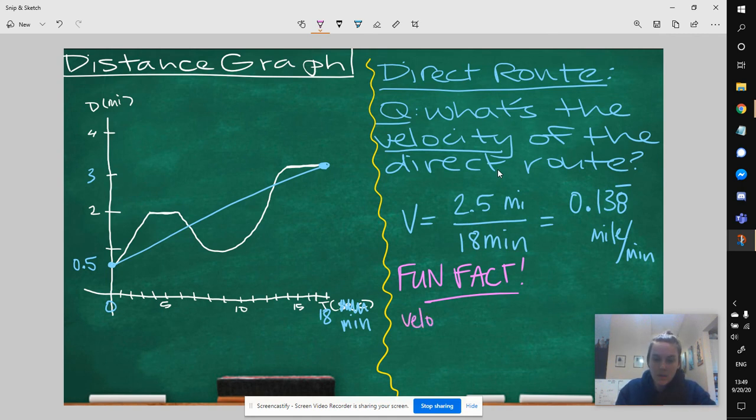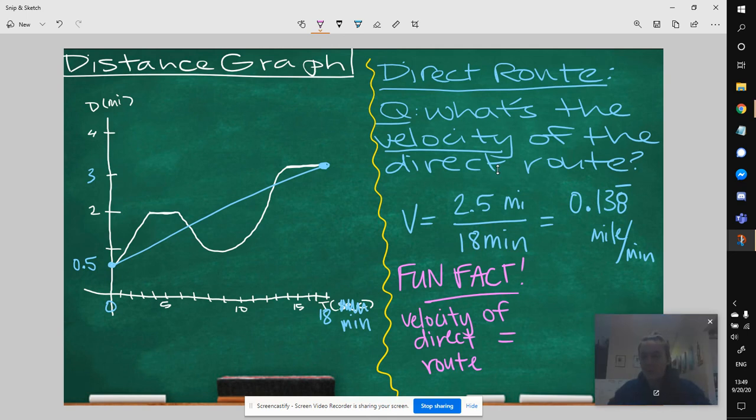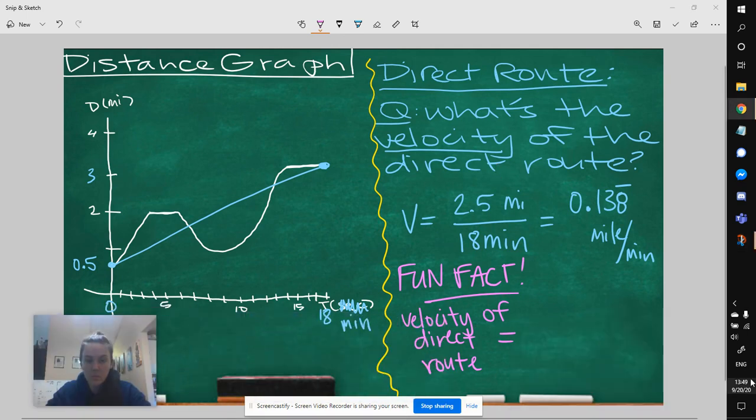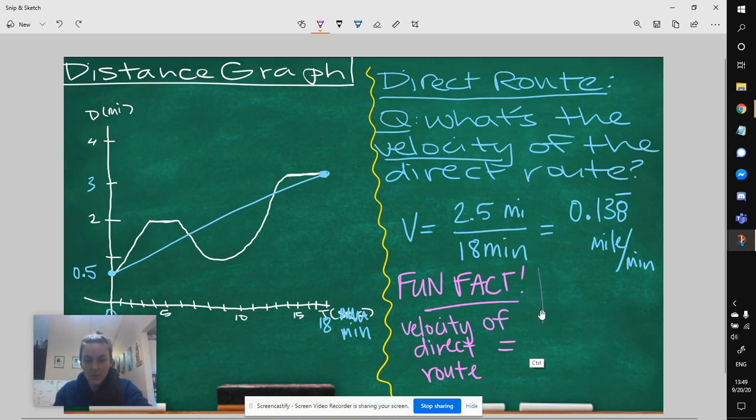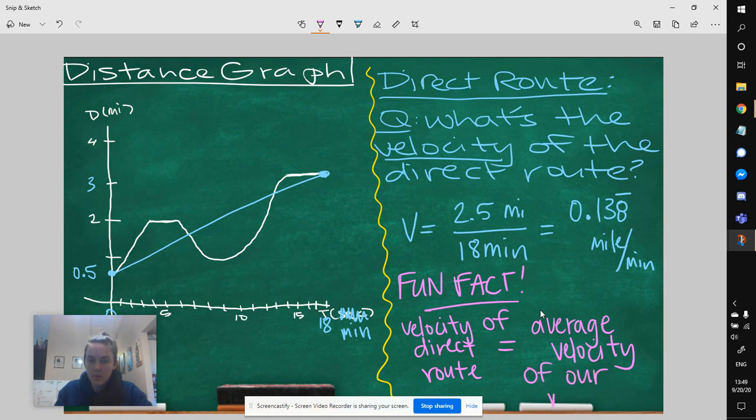So the velocity of the direct route is equal to the average velocity of our route.